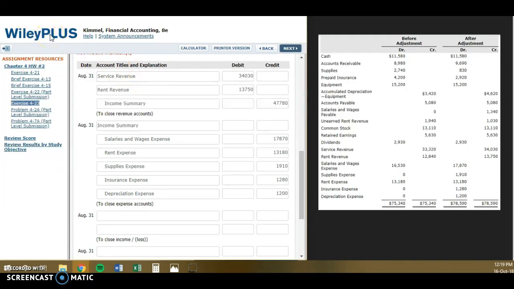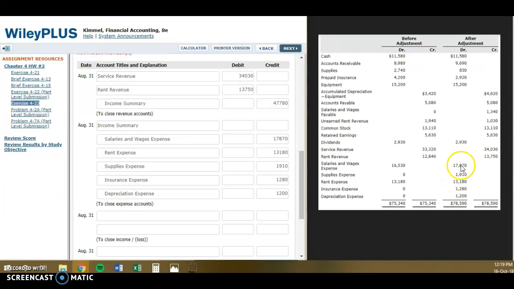Okay, so now that I filled out all of our credits here, and we're going to credit because on this table they're already debited, so basically we want to cancel out these accounts. We want to close them. We want them to equal 0. In order to do that, it's the accounting rule that when you do one thing to one side, you have to do it to the other.